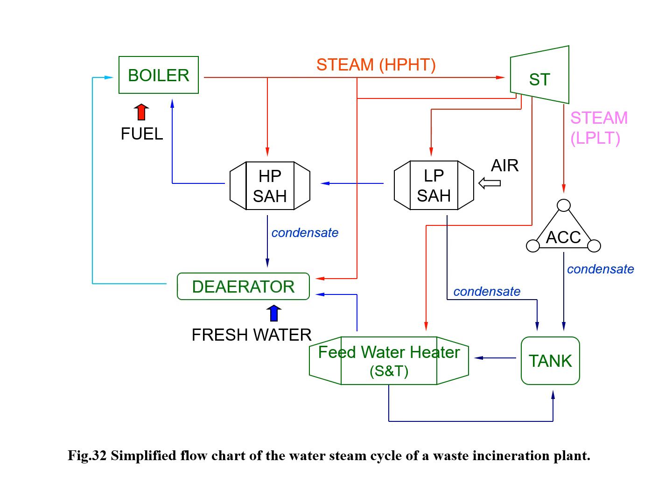Finally, condensate flows back to the boiler and is heated into steam. In the flow chart, only ACC, SAH, and S&T are shown. In fact, AC should be installed to cool down the circulating cooling water, and ECHO should be used to further preheat the boiler water.